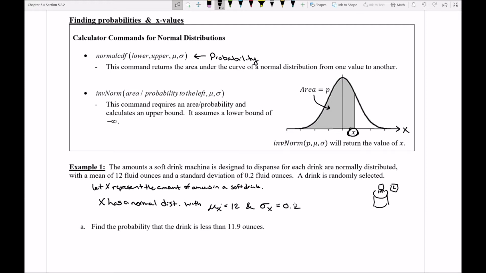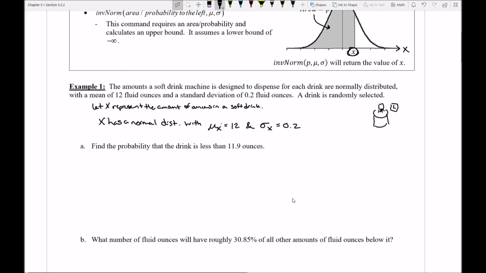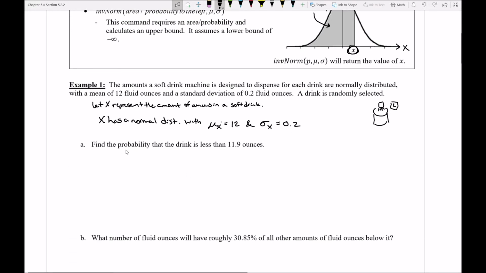Again, without writing this information down first, it would be really detrimental to start jumping into part A. In fact, on exams in this class, I will often ask you to demonstrate that you can do all of this work up here. I might say, can you define what the random variable is, tell me its distribution, and state its parameters? It's a very common thing I like to ask.